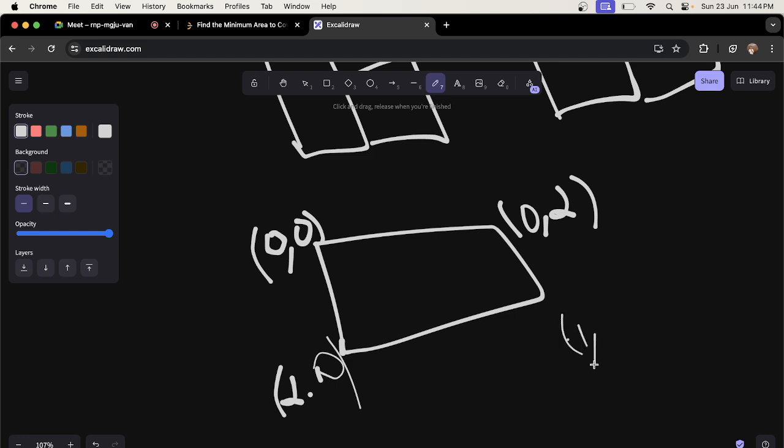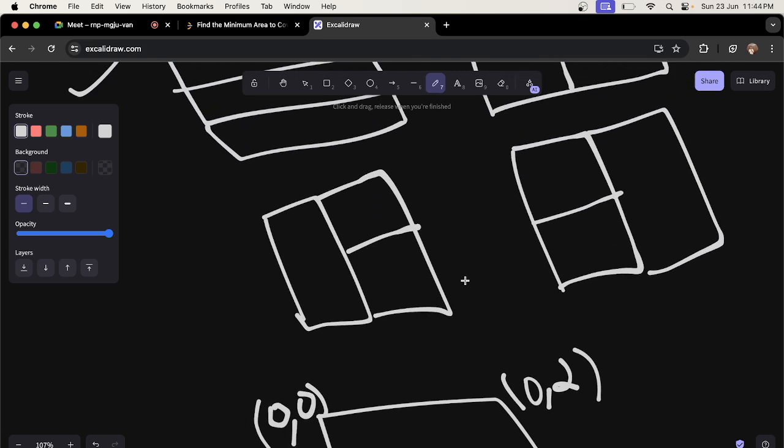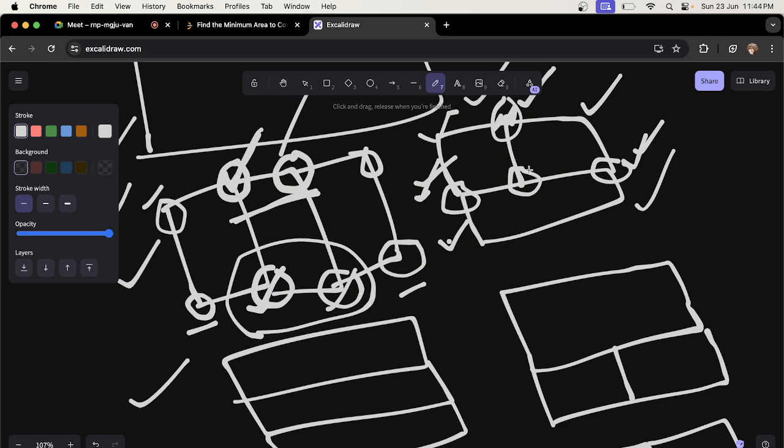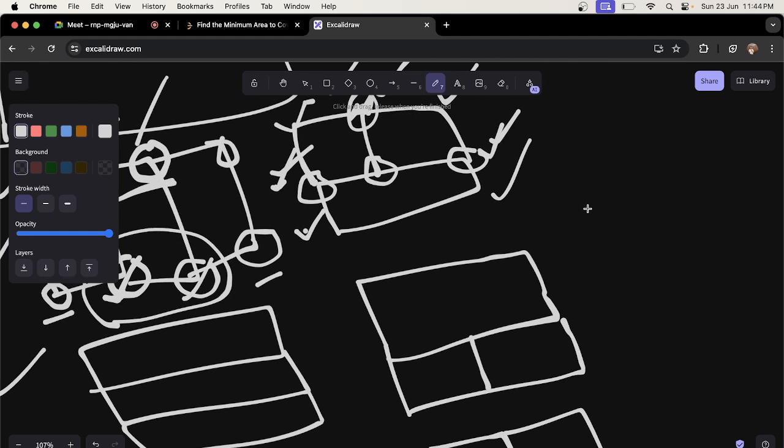One more thing you have to do is that after you have figured out the optimal column and row, for every rectangle you also have to make an inner optimization.